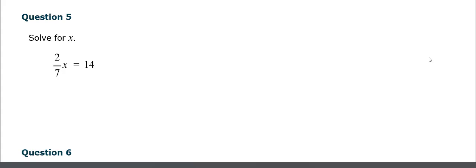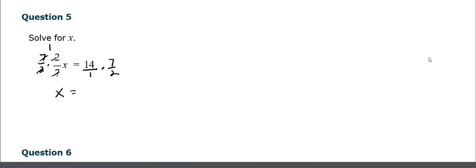So what I can do here is multiply both sides by the reciprocal of 2/7, which is 7 over 2. So I'm going to make 14 over 1, and again, multiply by 2/7. On the left-hand side, everything reduces to 1, so I have my 1x.